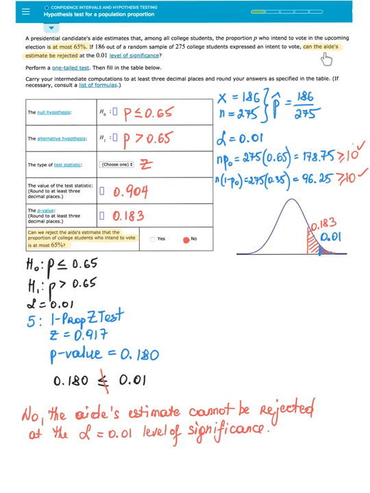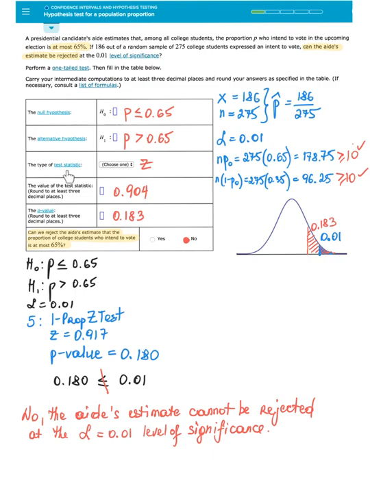So whenever you're talking about some claim that we would like to possibly reject, this word always tells me that this claim has to be the null hypothesis claim. So for P to be at most 65% means P is up to 65% or less, so P is less than or equal to 0.65. The alternative has to be the opposite statement: P is greater than 0.65.